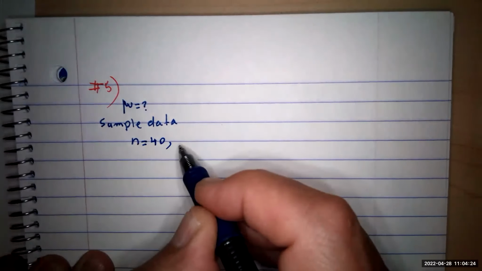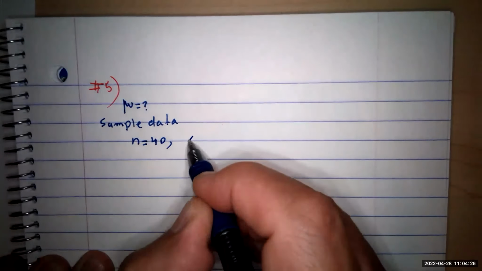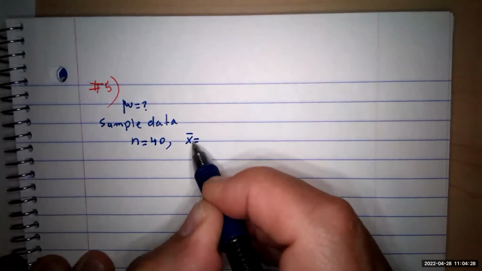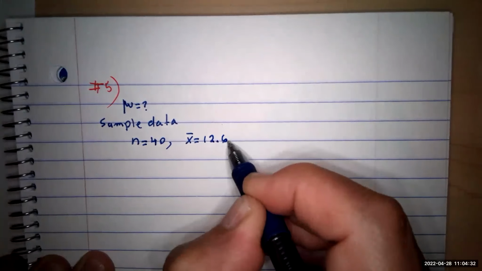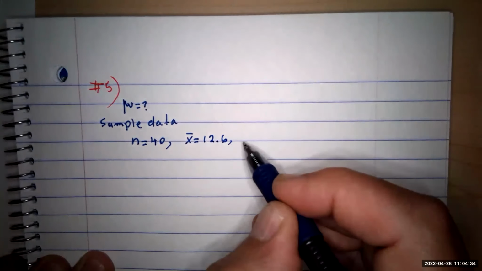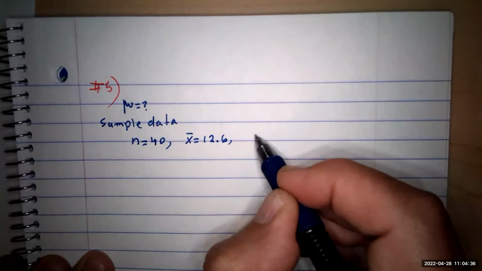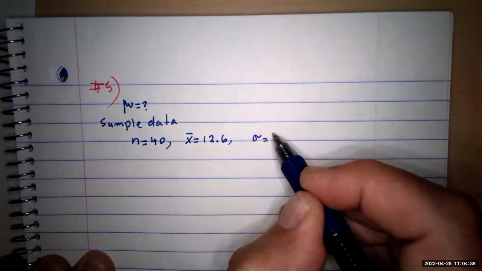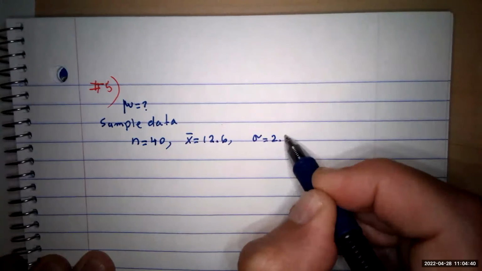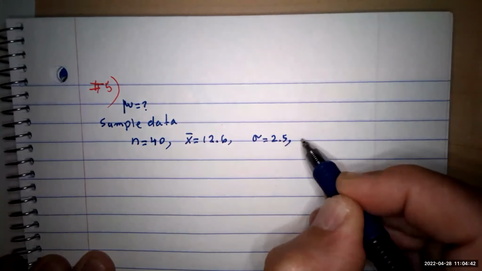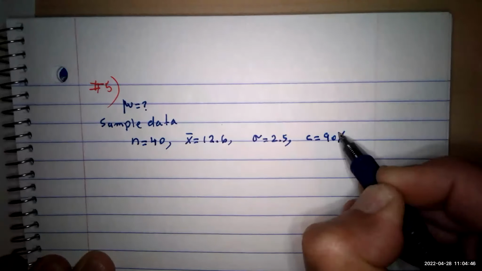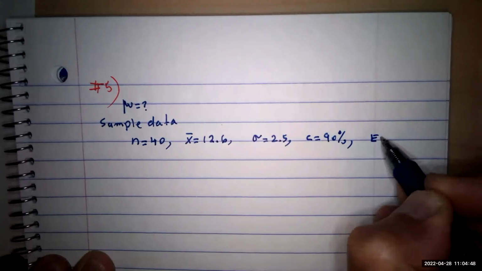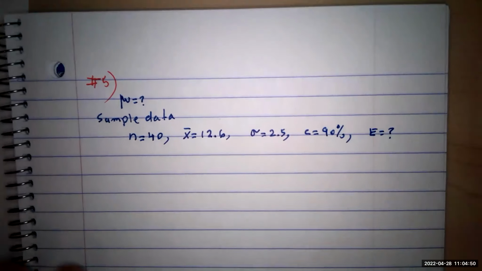The mean time that they spend to correct the paper is 12.6 minutes. The sigma is given, the standard deviation for all the people is 2.5 minutes, and you want to test it at the 90% confidence level. So you need to find the E to get these numbers.